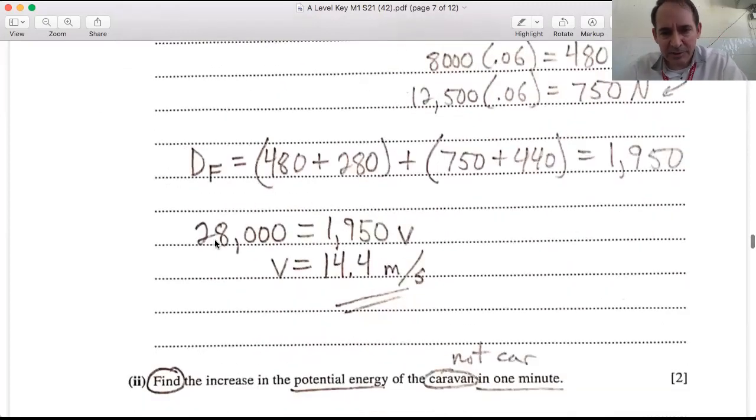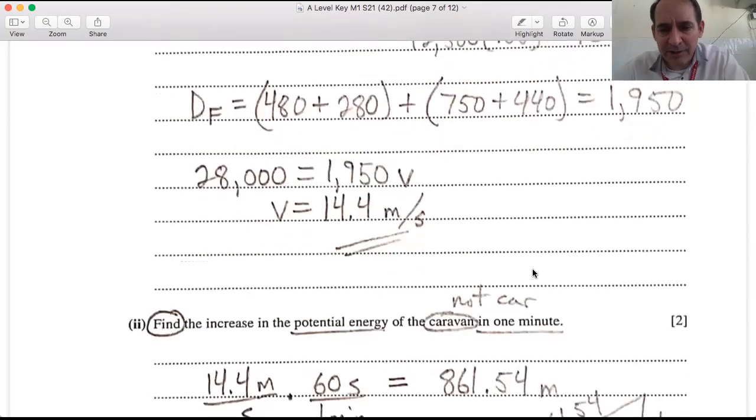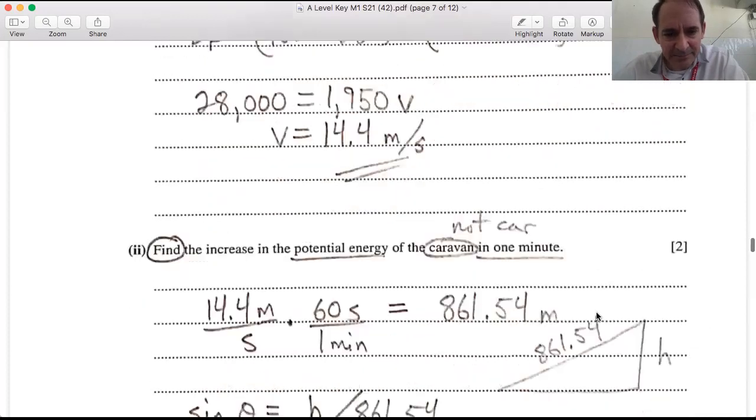And to find velocity, we can take our power formula. Power equals force times velocity. Our power was 28 kilowatts or 28,000 watts, and our driving force is 1,950. Divide that into the power to get the velocity, 14.4 meters per second.